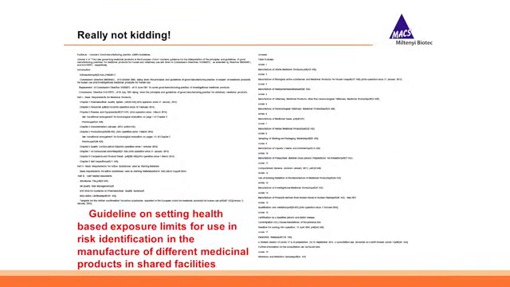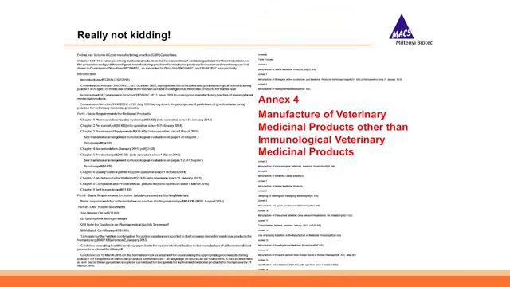There are also guidelines on setting health-based exposure limits for use in risk identification in the manufacture of different medicinal products in shared facilities. And last but not least, since I have picked only a few examples, there are also guidelines for the manufacture of veterinary medicinal products other than immunological veterinary medicinal products.